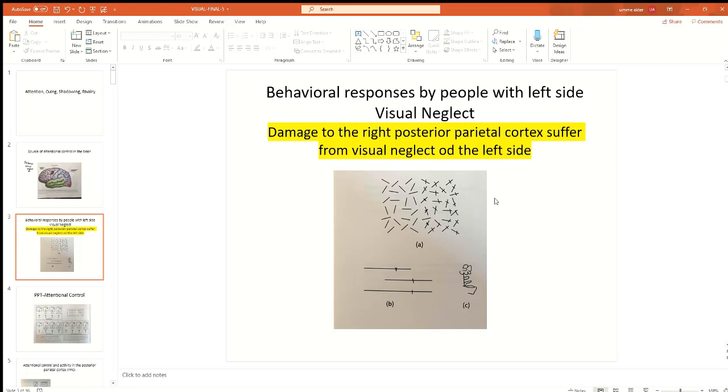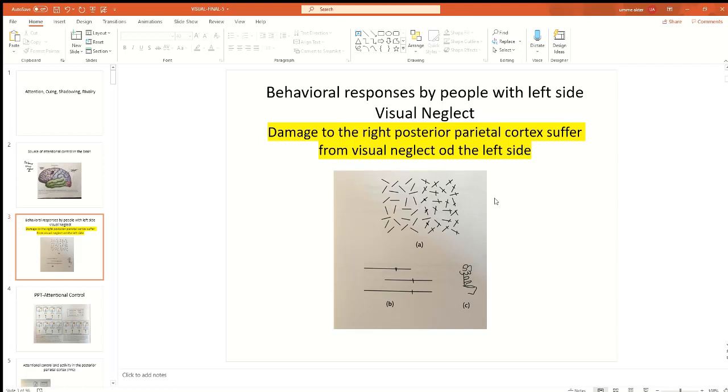Here you see the behavioral responses by people with left sided visual neglect. That means this patient had damage to the right posterior parietal cortex. So he suffered from unilateral visual neglect on the left side. That is, he had difficulty in attending to the left visual field.